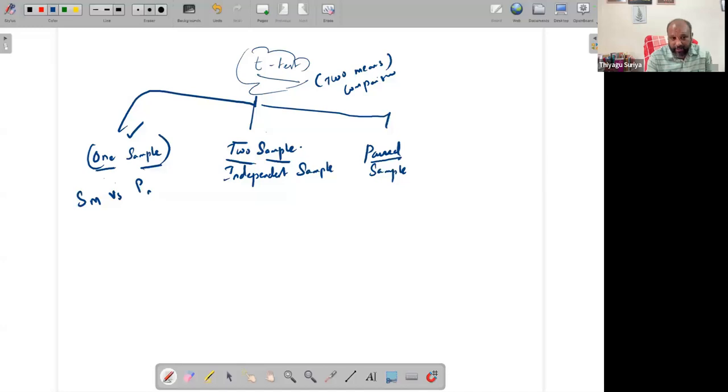If you want to compare your sample mean with a population mean, you have only one group, that is the sample mean. You have a population mean that you can find from secondary data. It is just to compare your group's sample mean with the population mean from the secondary data. So if there is a comparison of a sample mean with a population mean, it is called a one sample t-test, because we have only one sample mean. Therefore, it is called the one sample t-test.